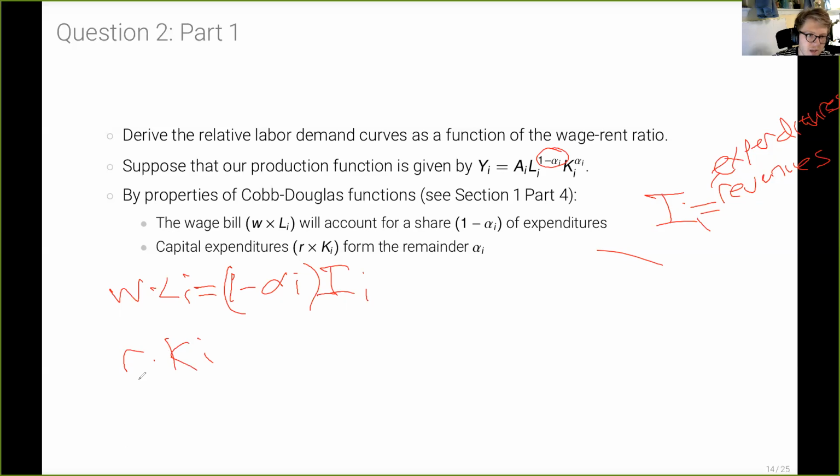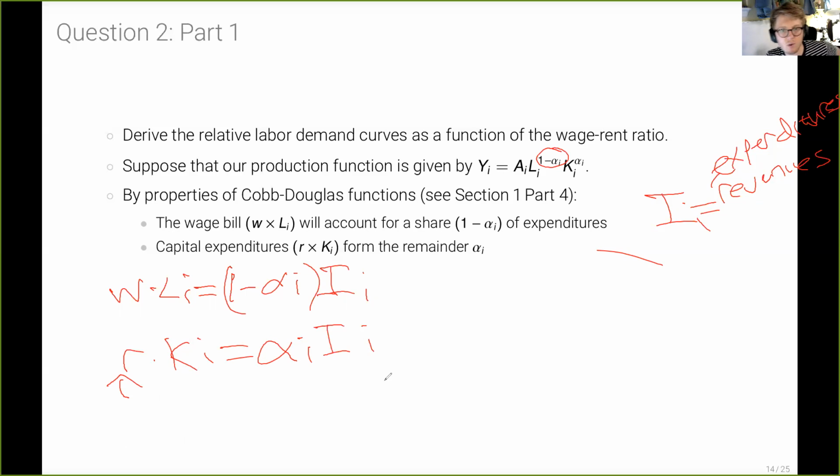And so if I'm spending R times K_I on hiring capital, that's just because R is basically the price of capital and K_I is the number of units of capital I'm hiring. Well, then I'm going to spend a share alpha_I of my revenues on hiring capital, and so these two are going to add up to my total expenditures.